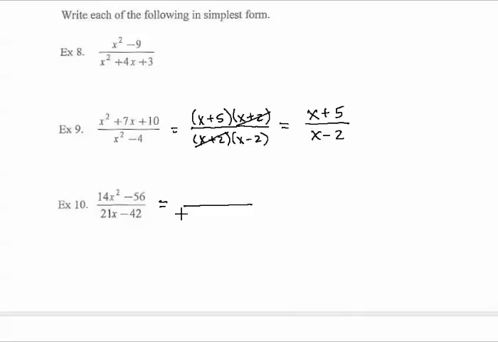This one we can use a greatest common factor and take out 21, and we're left with an x minus 2. On the top we can factor out a 14, and we get an x squared minus 4. Now x squared minus 4 will factor further, and we want to factor these as far as they'll go.